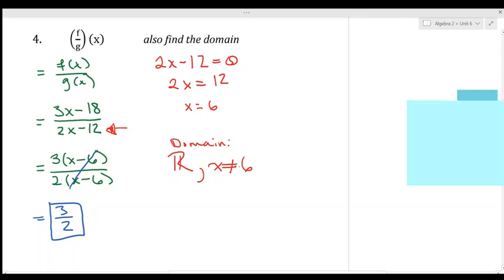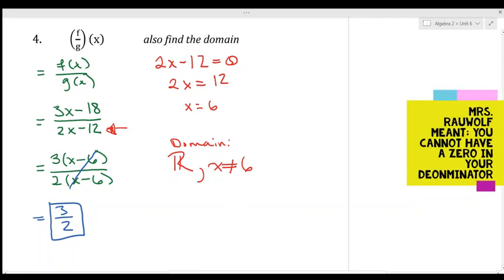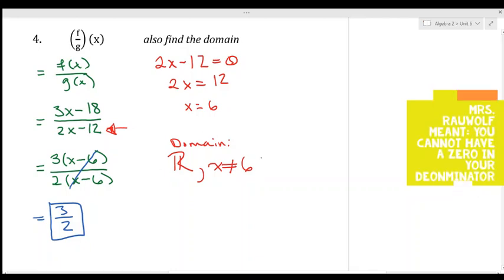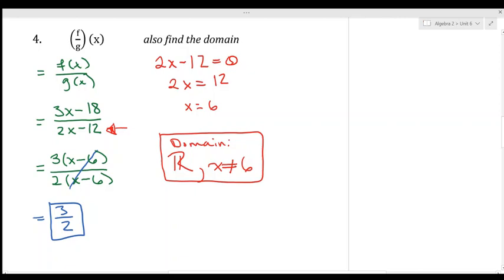Because if you plug this 6 in to your domain, you get 2 times 6, which is 12. 12 minus 12 is 0, and you cannot have a 0 in the domain. Okay, so what this says is all real numbers except for 6. So that's how you find domain. If you need to rewatch this, please absolutely do.